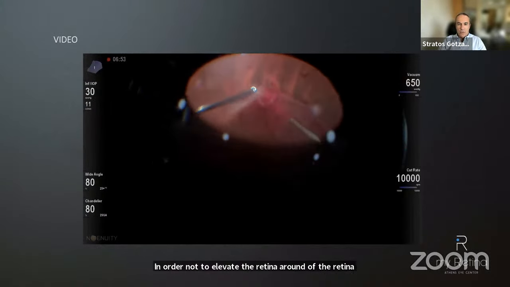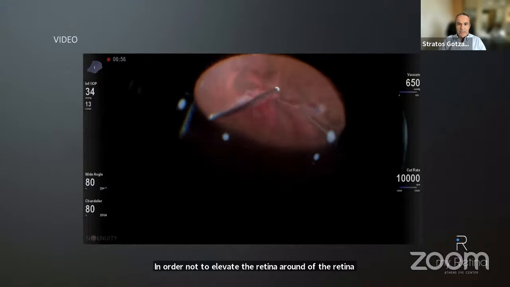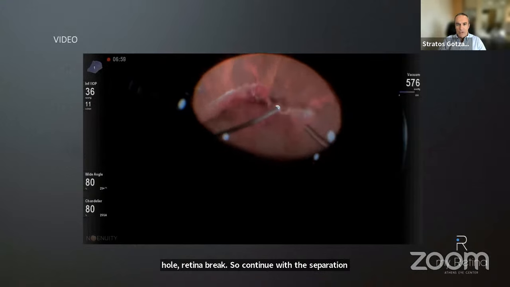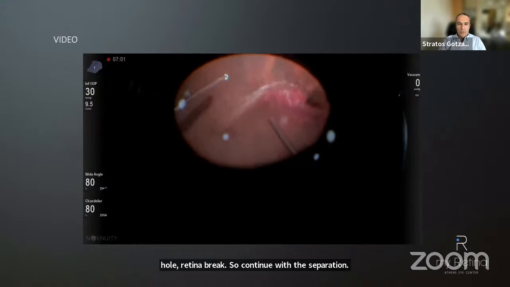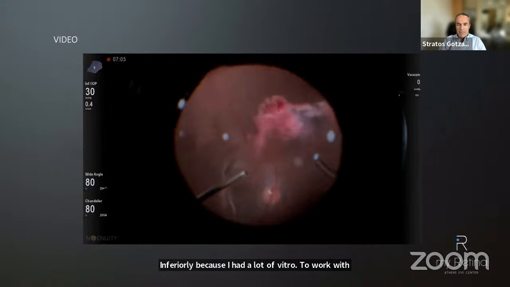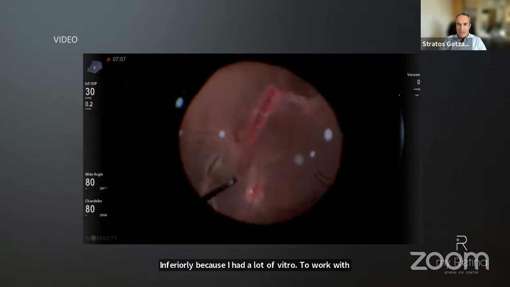So I continue with the vitreous separation inferiorly, because I had a lot of vitreous to work with there easily and carefully, and now it's the peel of the posterior vitreous face.